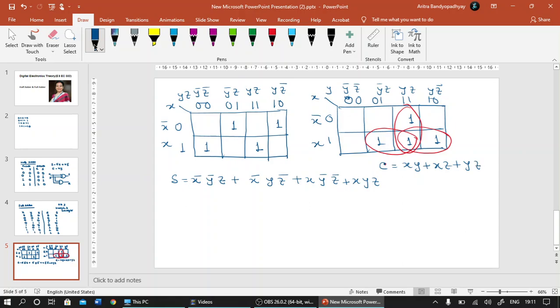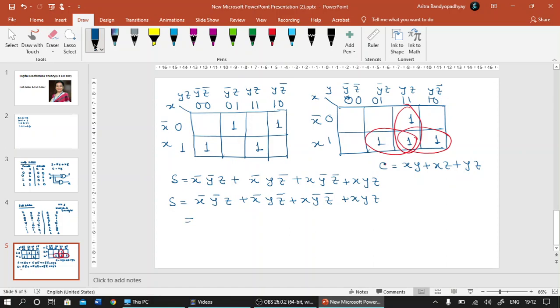For sum, if I want to simplify the Boolean expression, we can write x complement y complement z plus x complement y z complement plus x y complement z complement plus x y z.